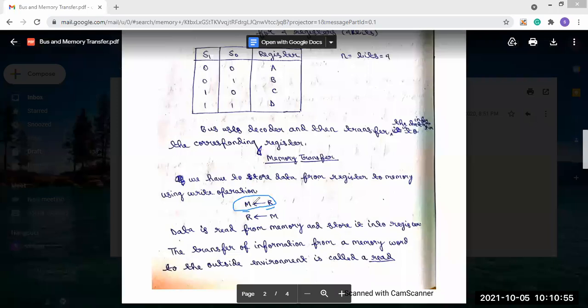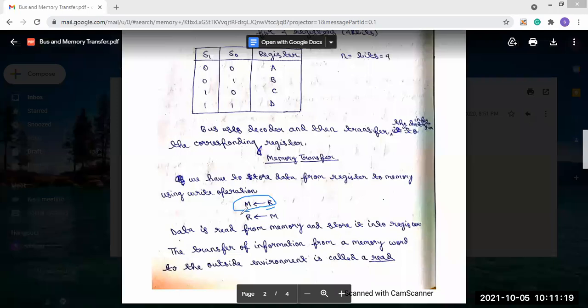That means the data is being stored into the memory, or we can say we are writing the data into the memory. So it is the write operation.